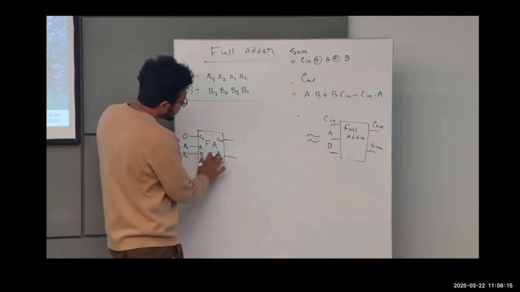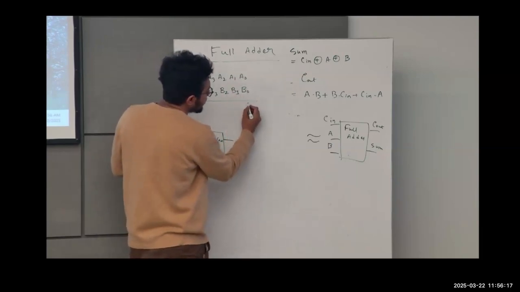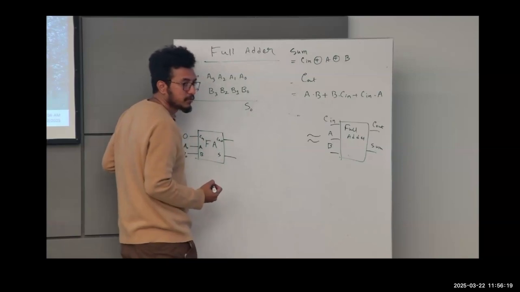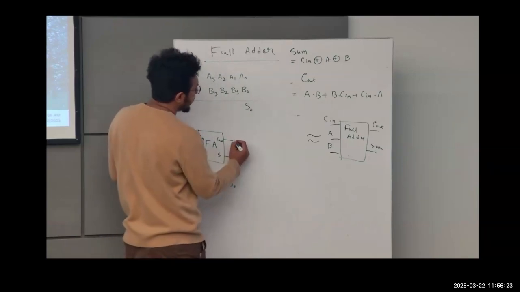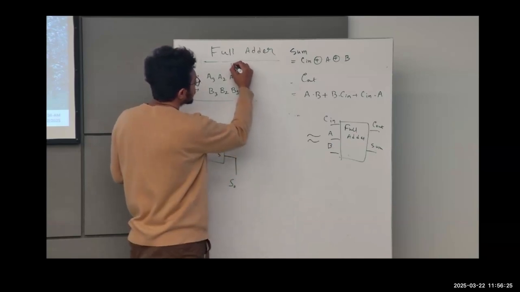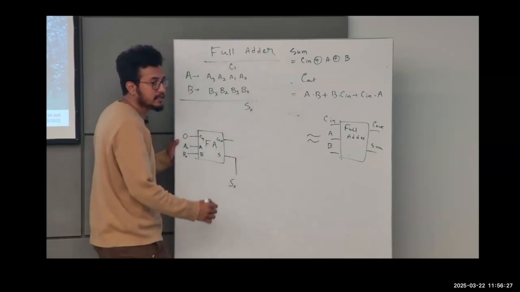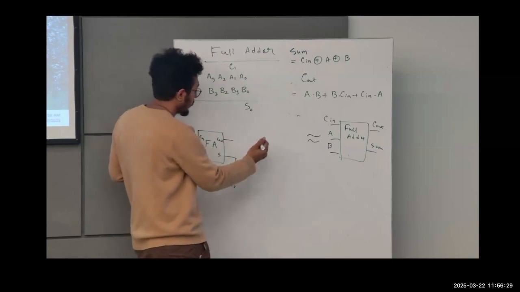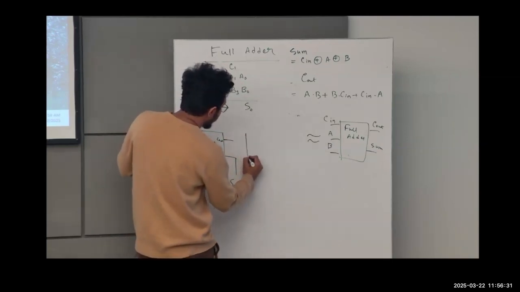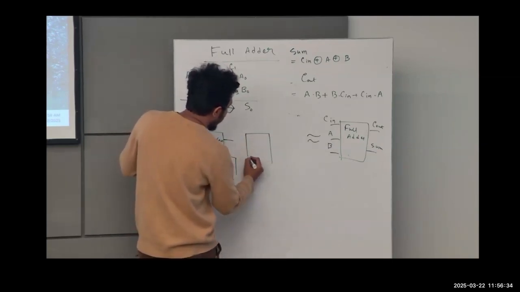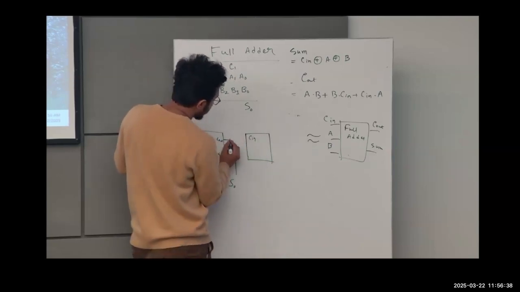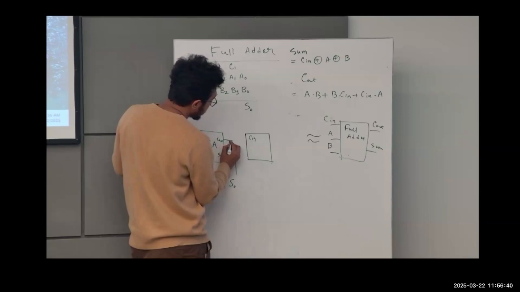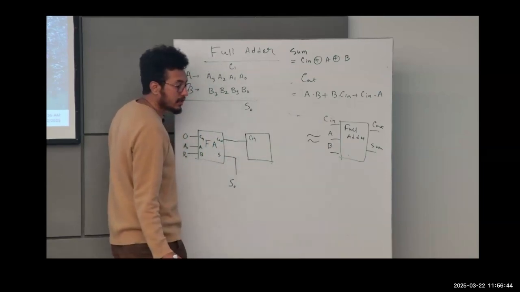Now, this gives us a sum here, which is S0, and we have a carry. This carry will be passed as C1 to the next full adder. So I will just draw another full adder block here. In this full adder block, we have a carry in input. I connect the carry out from the previous block directly to the carry in.